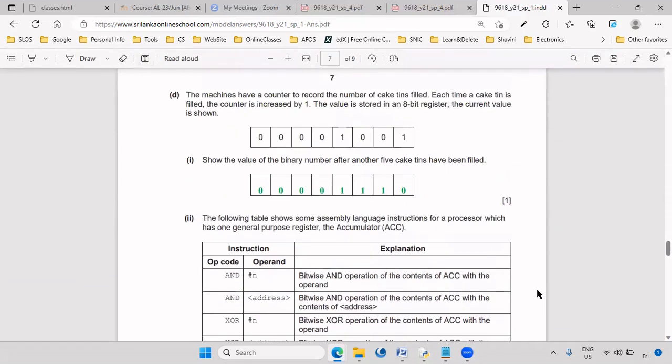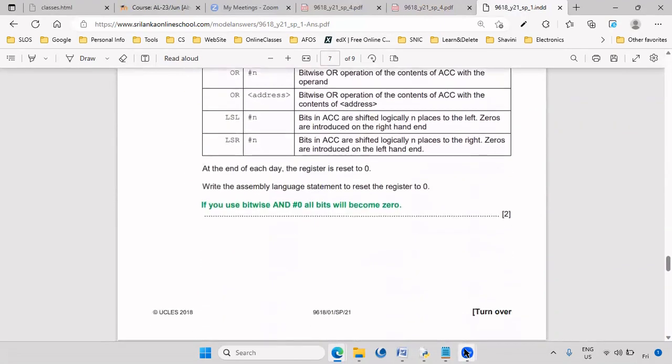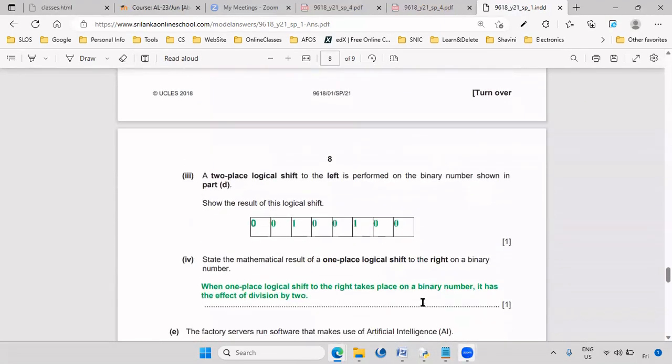So, the gap shift. When you shift this here, 1, 2, these will be empty, so you have to put zeros for that. And the answer will be this, 2 zeros in front and 2 zeros behind.